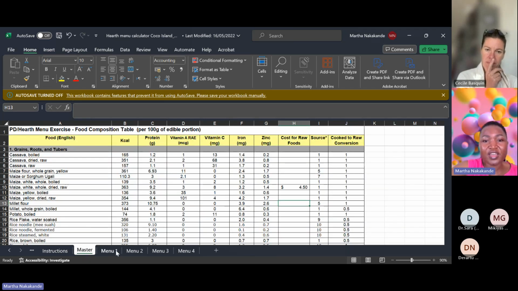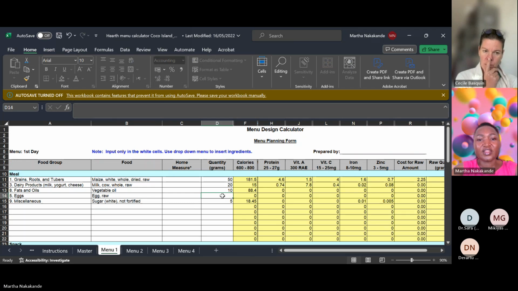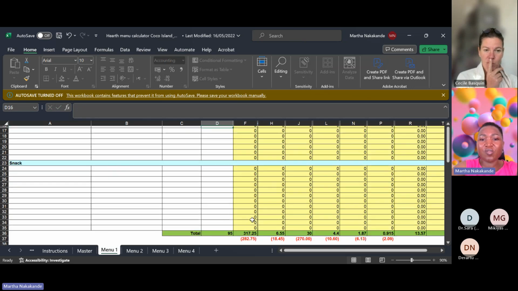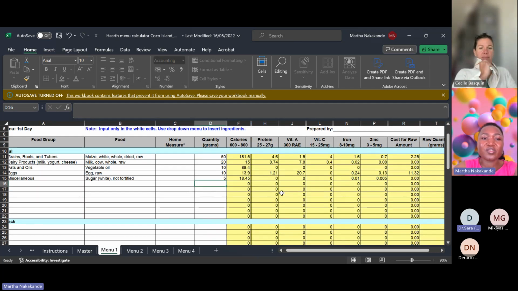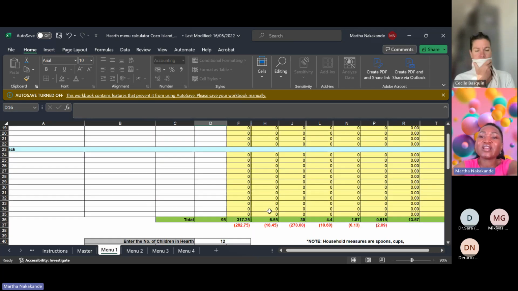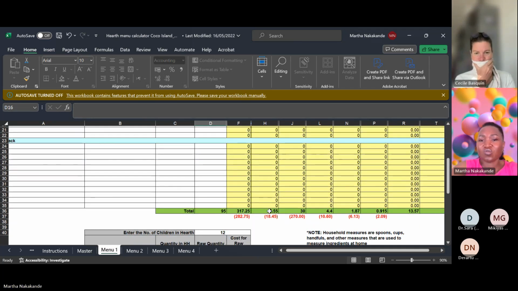And then when we come here, you just say, let's say an egg is also 10 grams. I don't know. So when you add an egg, if you go back down, you realize your quantities have increased, even your protein has increased, but it is still not high enough. So you keep on manipulating until you get the quantities that you want here.